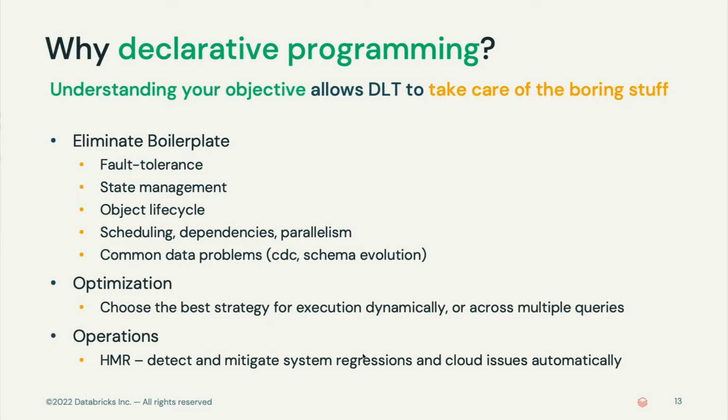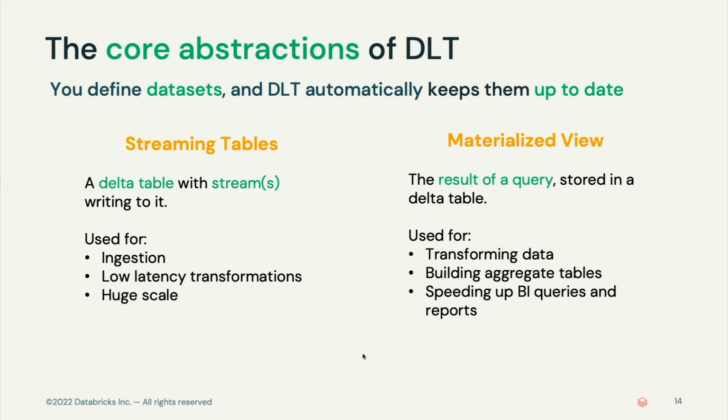And you have no idea that there's been a problem. Meanwhile, Databricks engineers are busy fixing that bug, and eventually we'll roll you forward. In some cases, we haven't even been able to contact customers to tell them their pipeline was broken, because it just kept working and they never noticed. So these are all the things that are enabled when you program declaratively instead of imperatively.